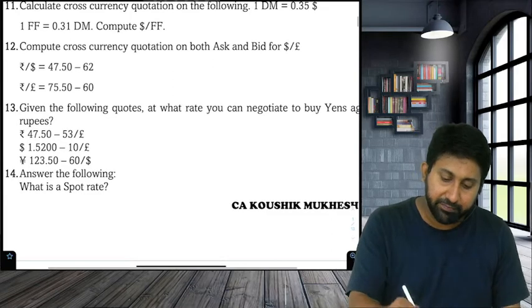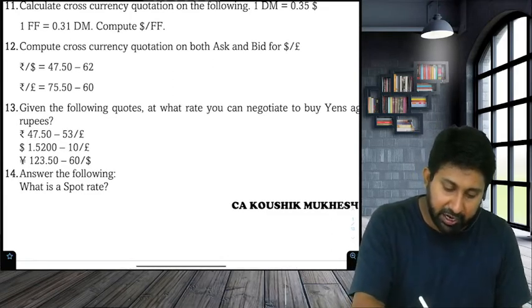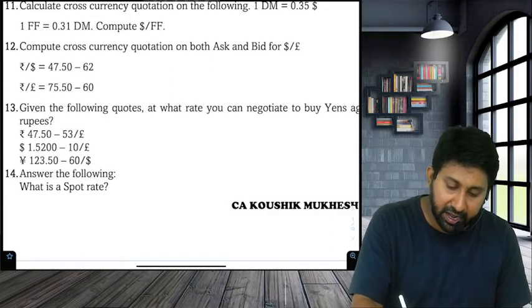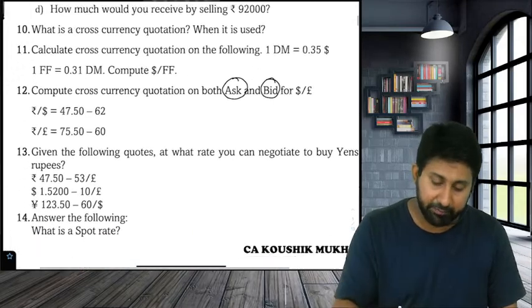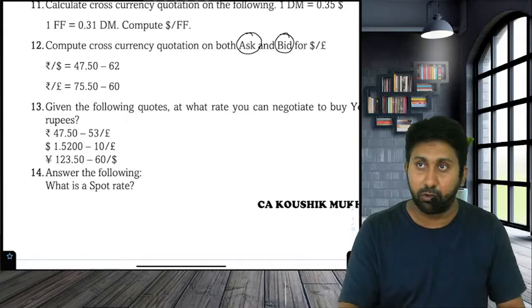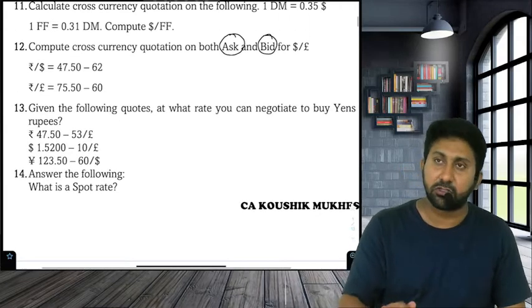See here. We are asked to calculate both bid and ask. In the previous question, it is only a single quotation. Now this is a dual quotation. Two-way quotations are given. In this case, how to do? See here.